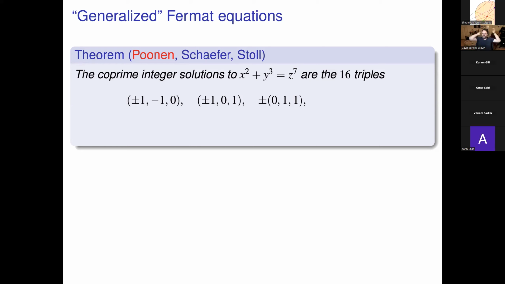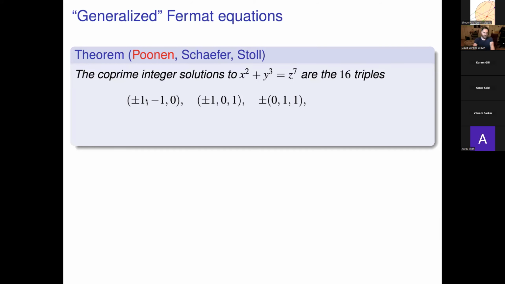It's crazy. He looked at this particular generalized Fermat equation. So there are three variables, but now the exponents are not equal. I'll answer that private message in a bit. So the exponents are not equal. This is genuinely a surface, not a curve now.